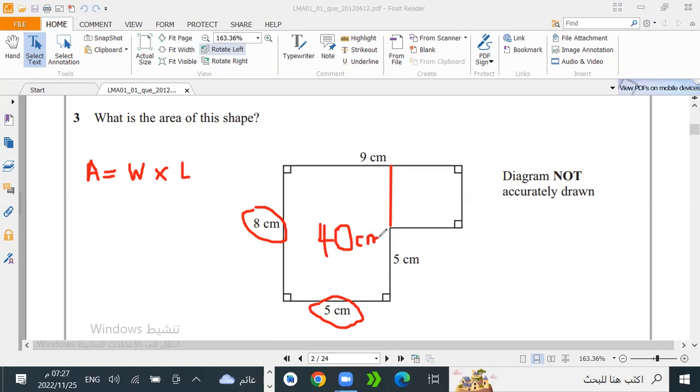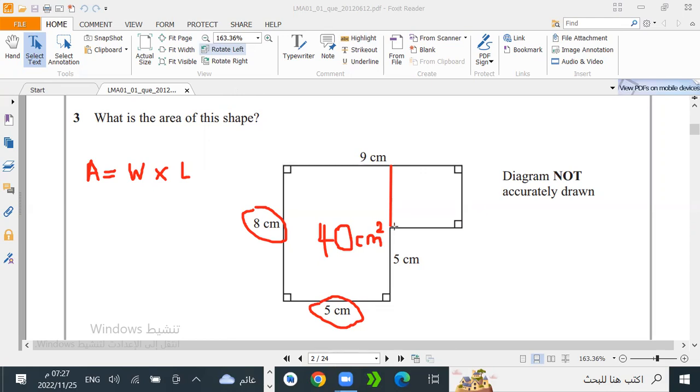Now after finding this part, we need to look at the other part, which is this small square. How can we get its sides? How can I get the sides of this part? It's 4 multiply 4? No. Yes, it's 5 multiply 4?